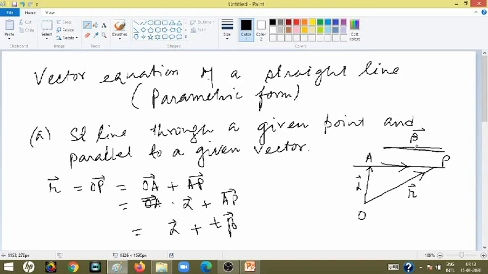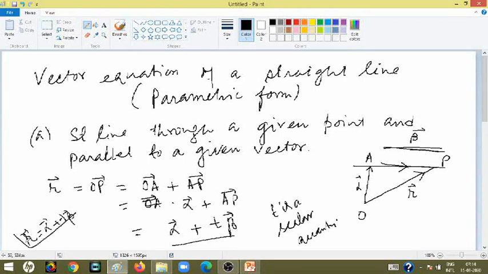The vectors are parallel, and any parallel vector can be denoted as t beta, where t is a scalar quantity. This is the parametric form: R equal to alpha plus t beta. This is the parametric form of our desired vector equation.